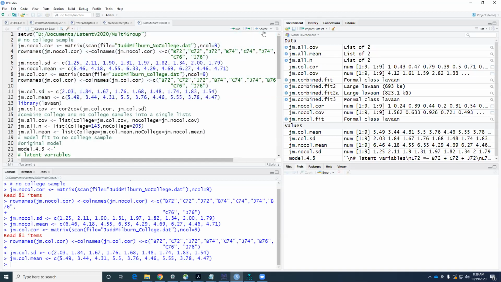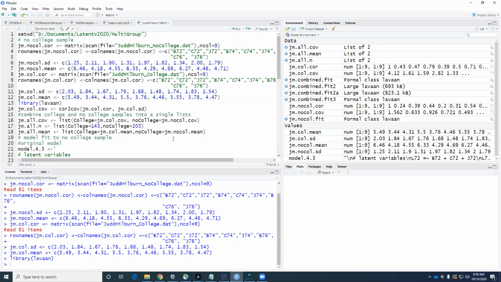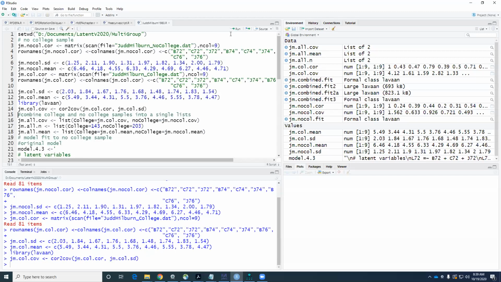At which point I say, oh, I might want to do lavaan. At which point I use a function that changes a correlation matrix into a covariance matrix. It takes as input the correlation matrix and the standard deviations. And say jm.call.cob.